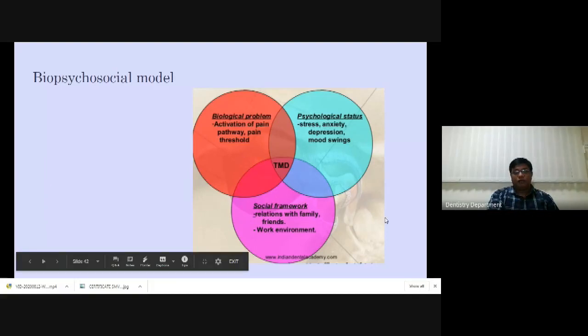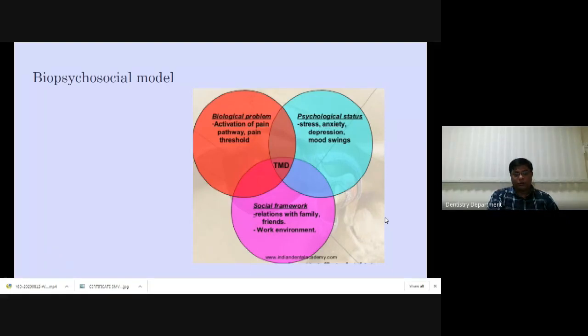Previously we had the dilemma whether to treat the patient psychiatrically or through counseling. Now it is scientifically proven through the biopsychosocial model that for TMD patients, we have to look into the psychological status as well as social frameworks. So we are supposed to treat the patient with the physical signs and symptoms along with psychological status and social framework.